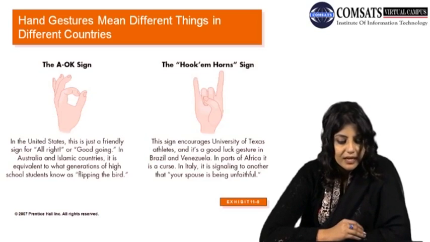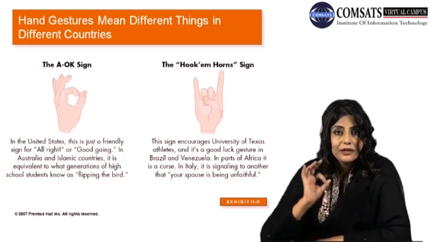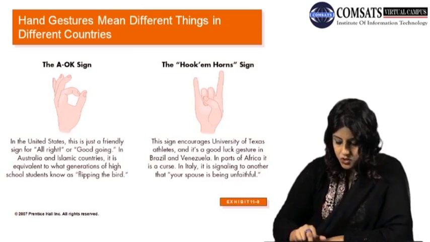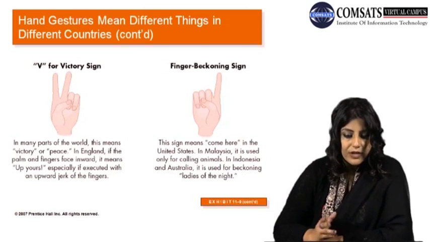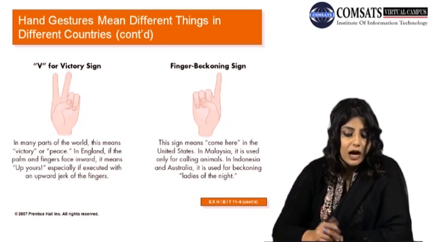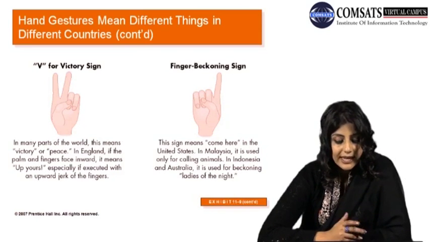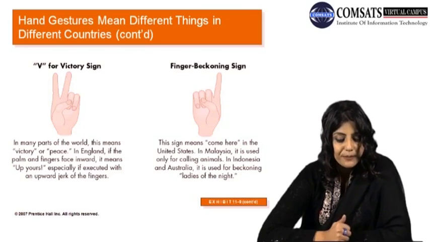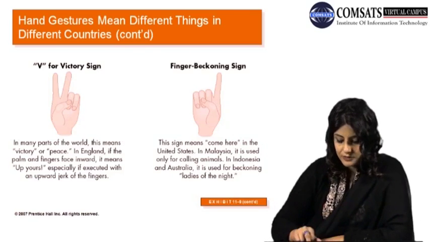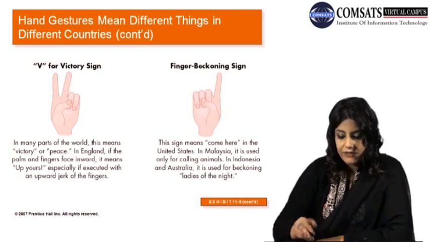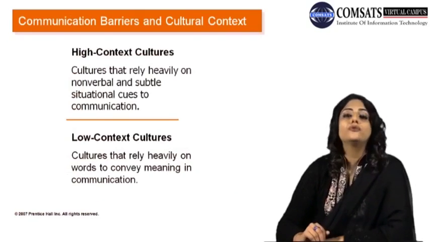In Australia and Islamic countries, it is equivalent to what generations of high school students know as flipping the bird, like doing this, right? Then we have the victory sign, which in many parts of the world means victory or peace. In England, if the palm and fingers face inward, it means up yours, especially if executed with an upward jerk of the fingers. And we have another example here for you to read.